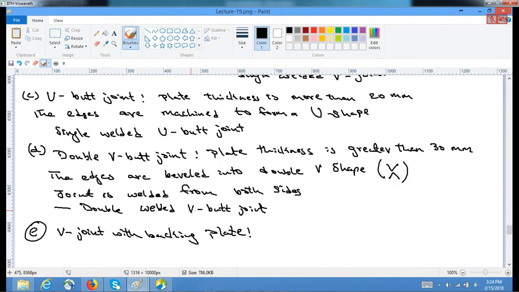So it is a one-sided welded V joint, or one side welded V joint with a backing plate.